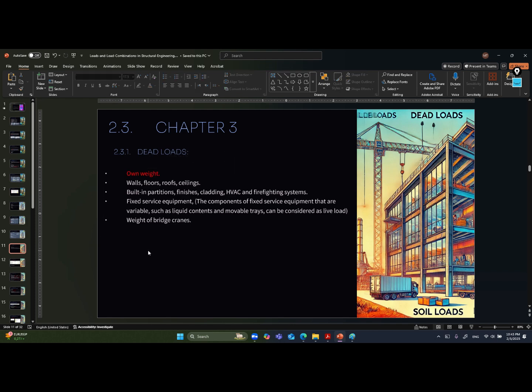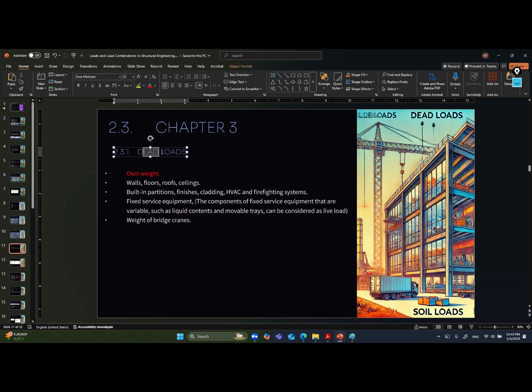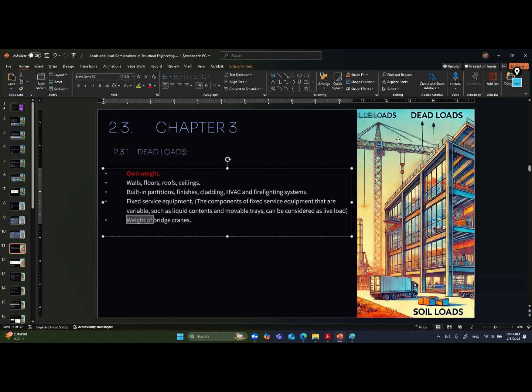The second important thing here is what types of dead loads there are. We all know that dead loads consist of any sustained load like cladding, HVAC, floor cover. If you have equipment like a bridge crane, the crane has its own dead weight, so it is dead load.